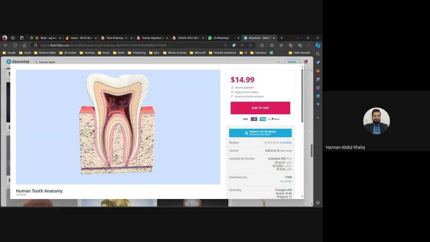Suppose you have an inert material, but it is also getting affected by pH change.